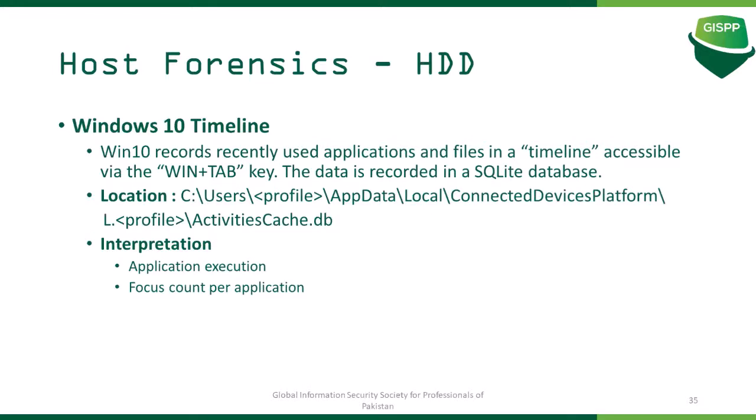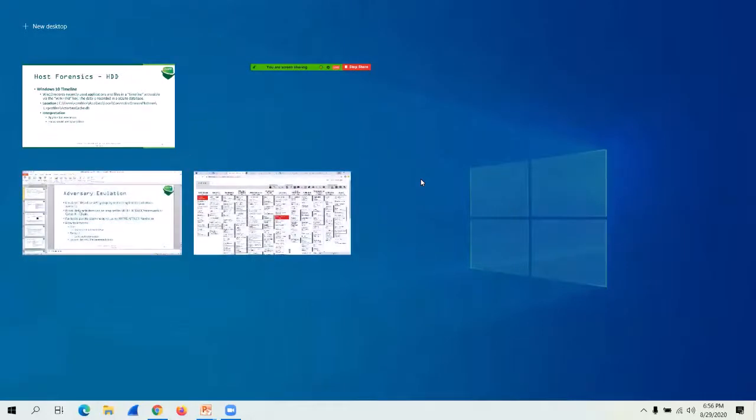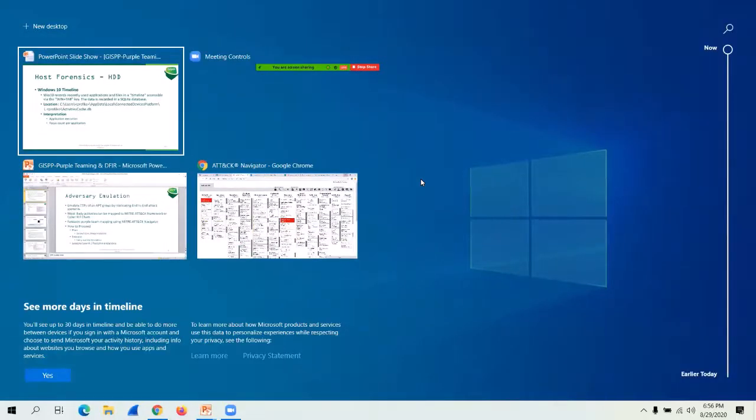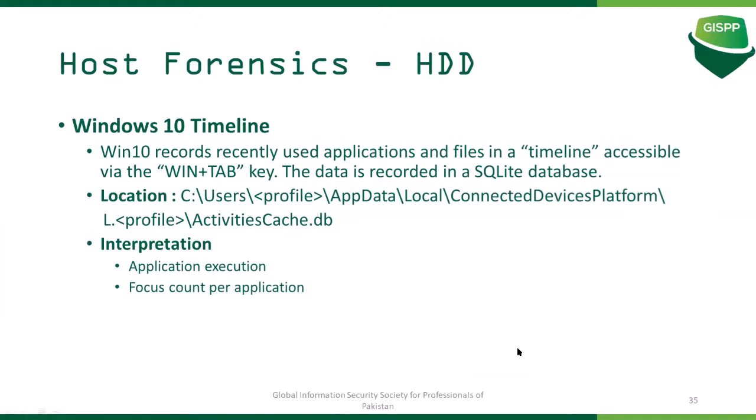And okay, sorry, Windows 10 timeline. If you press Windows tab, Windows maintains the timeline of activity, what was happening at a particular time. This is being saved in the activities cache DB. It is one of the most amazing places.